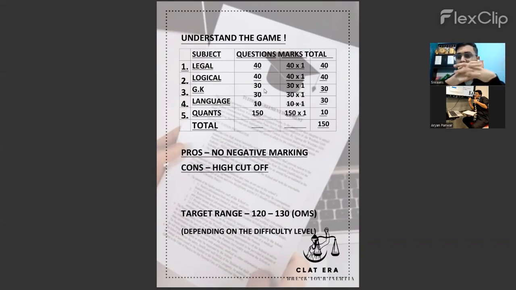Analyzing that data and seeing the trends, the last 3 to 4 years cutoff for OMS category, I'm talking about outside Maharashtra students, usually falls between 120 to 130. This is the typical range. It changes depending on the difficulty level of the examination. So this is the range we should ideally target in our mock of MHC law.